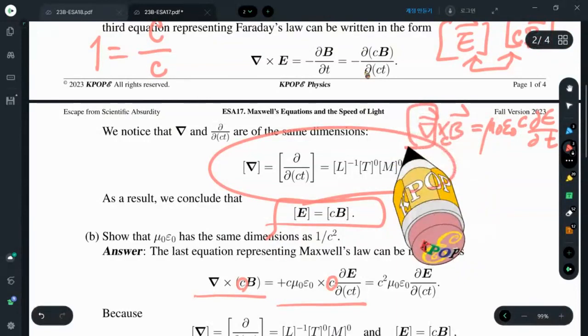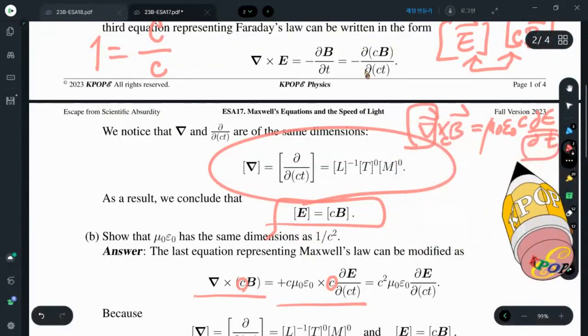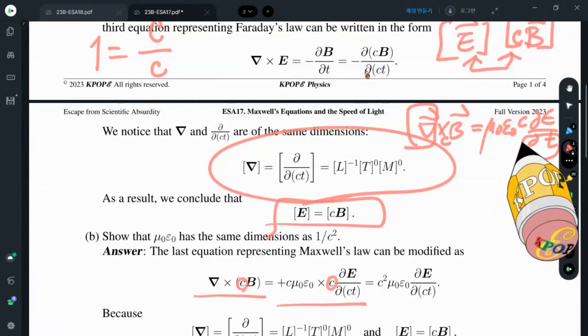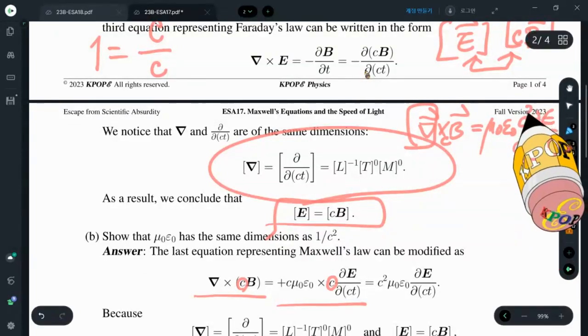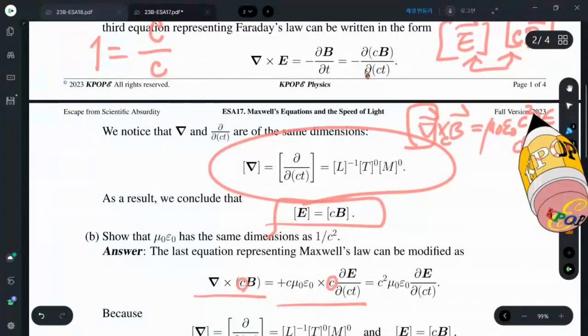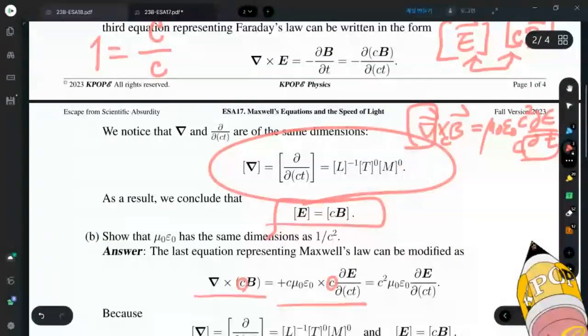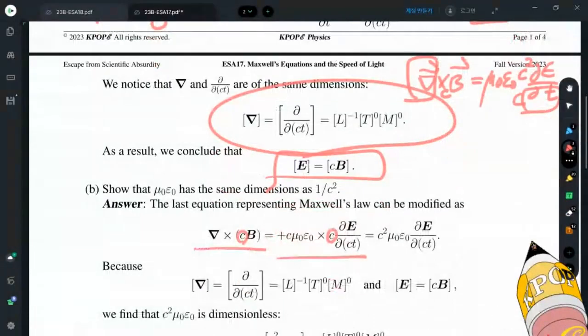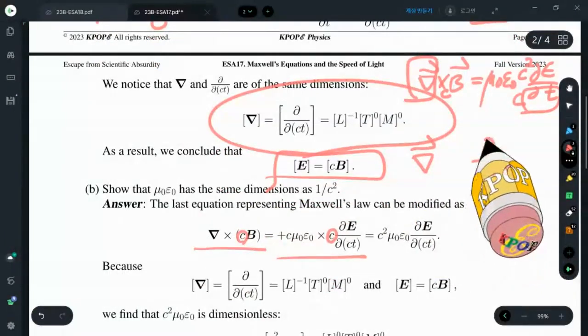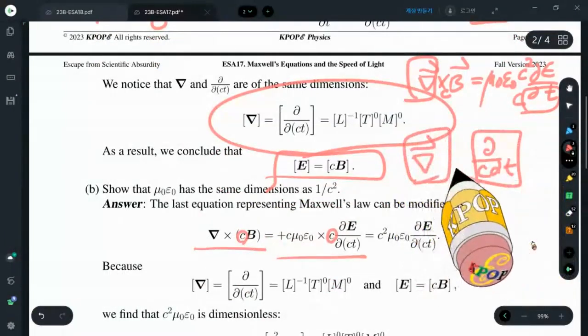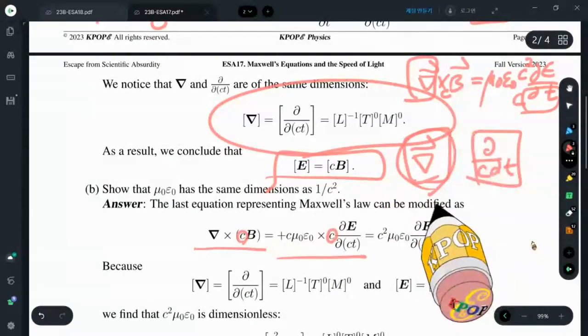I want to make this one and this one the same dimension. In that case, I need to multiply C in the denominator. So I had to multiply C in the numerator too. Therefore, this guy, C dt, this guy, they have the same dimension.